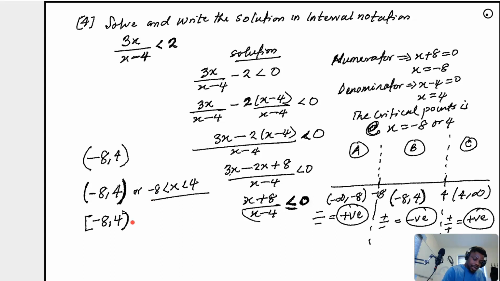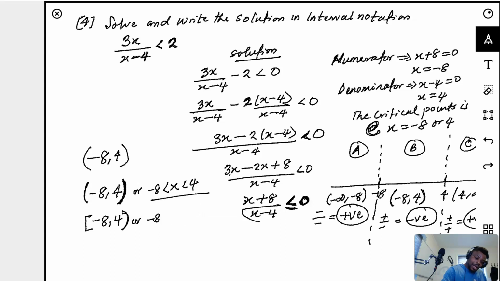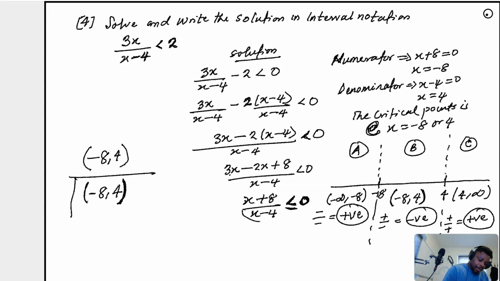But for this one, in terms of the inequality interval, it will be minus 8 less than or equal to x less than 4. You see the difference now? But that is not what we have. So I will take out this one. So here, this is our solution. Or we write it like this, the inequality interval.